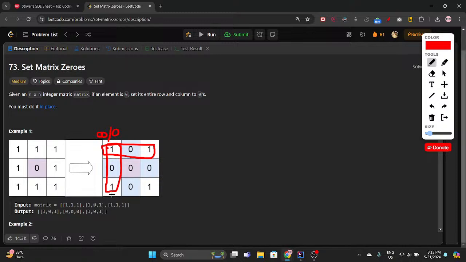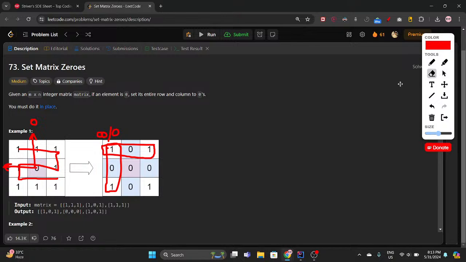Okay, so how we will achieve this is we will check all this. If this value is found, we will update its row and its column to some different value. So we will update it to 0.